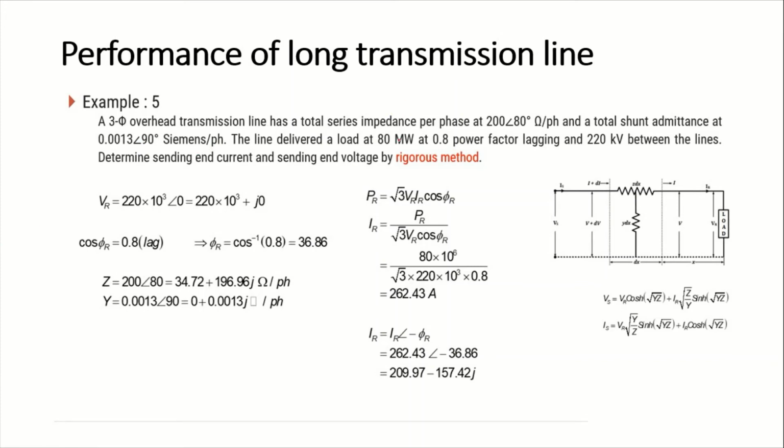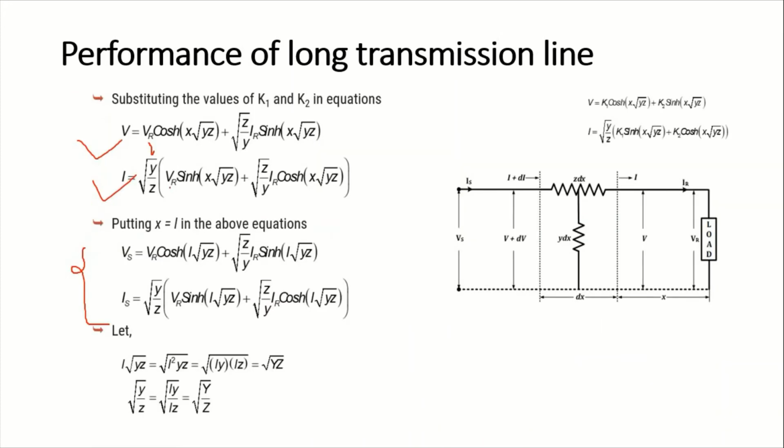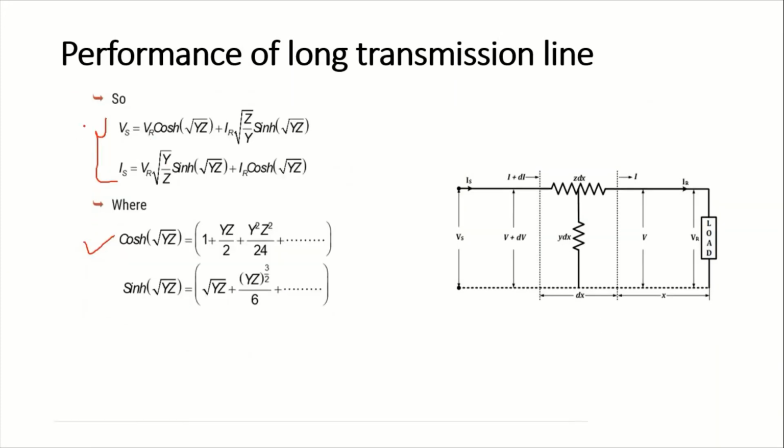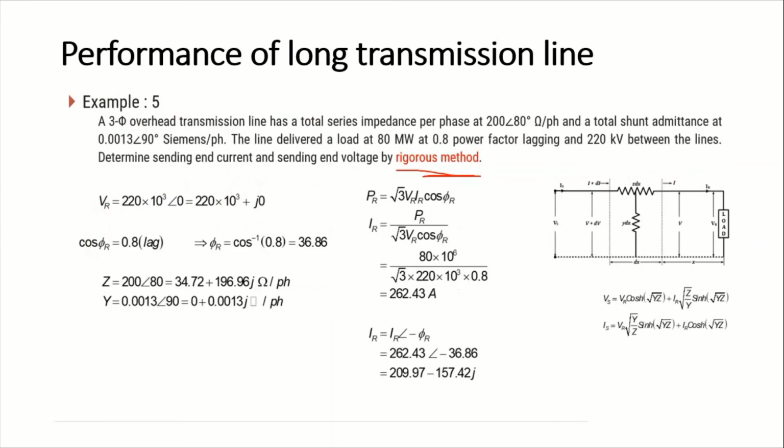The line delivers a load of 80 megawatt at 0.8 power factor lagging and 220 kV between the lines. Determine the sending end current and sending end voltage by using the rigorous method. Rigorous method means we have to use these two equations for the calculation of the sending end voltage and the sending end current.